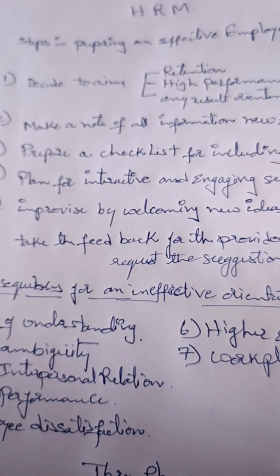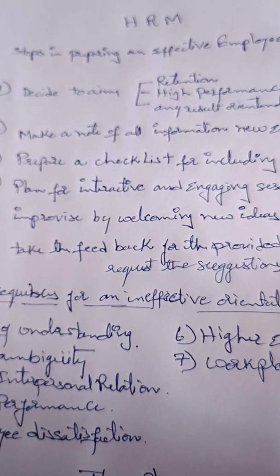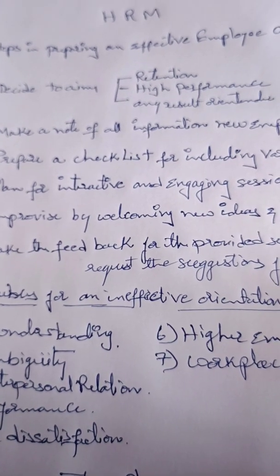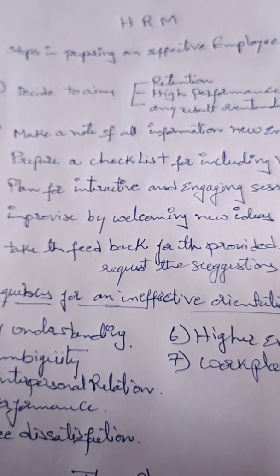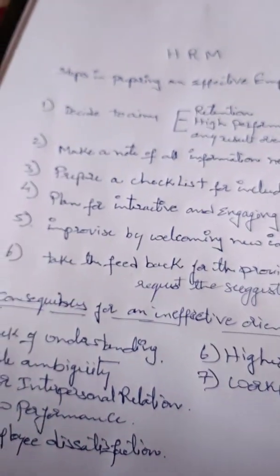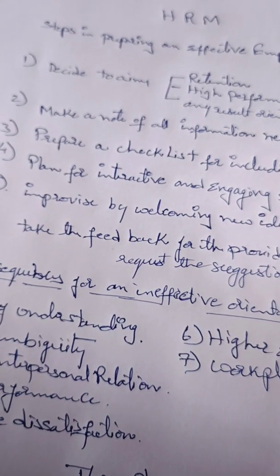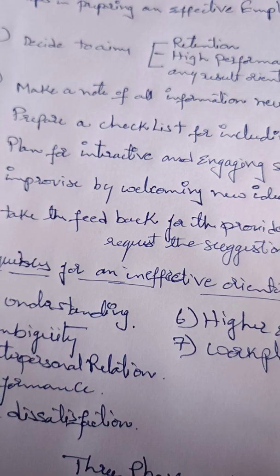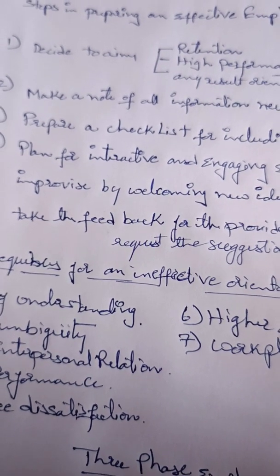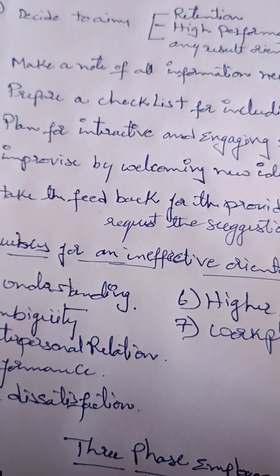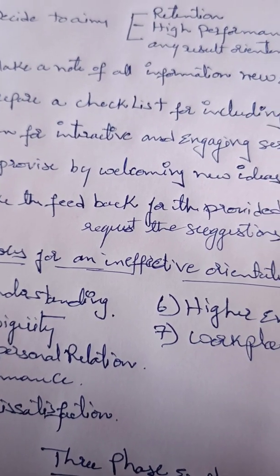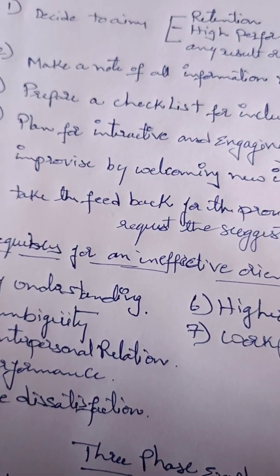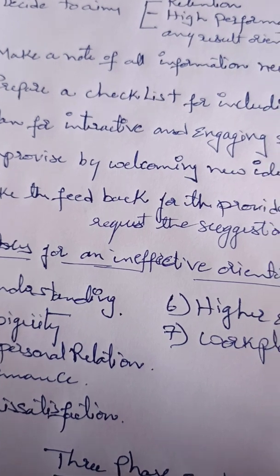Next, taking the feedback. Once the orientation program is complete, taking the feedback of the people who have attended these sessions is one of the important things. It's not only for the orientation, for every aspect of business, we take the feedback of the persons involved in that business activity. Why we take it is to get suggestions and opinions, to make ourselves more effective, and also to correct ourselves anywhere that we are missing out, or where any incorrect information is being passed out.